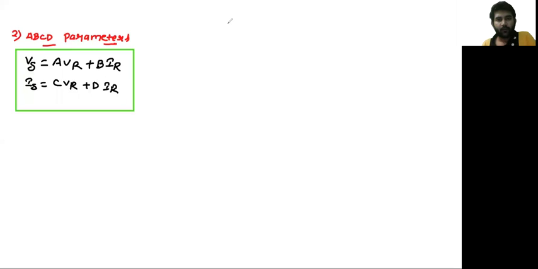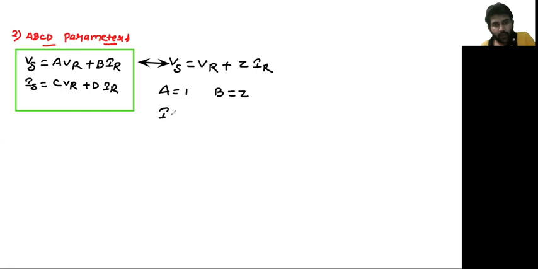Now we had the equation Vs equal to VR plus Z IR. Now compare it with this equation. First one, we get A equal to 1, B equal to Z. Now we know Is equal to IR from the previous circuit diagram.